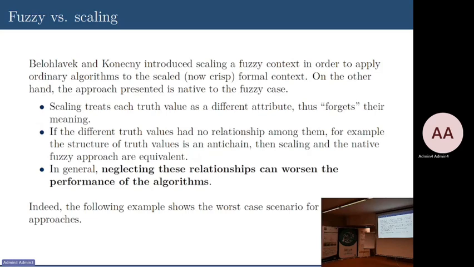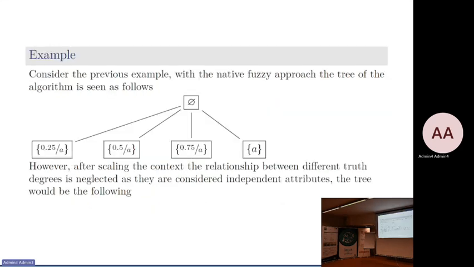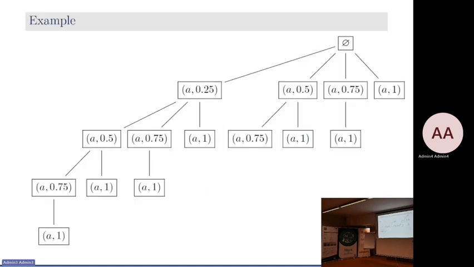Instead of having a little search tree like this one, where we start from nothing and check the possible truth values, if we consider them as independent attributes we would have a search tree like this, because you have to check each one as an independent one. There's no relation amongst them. So you need to check all this subtree, this subtree, and this subtree. So the computation is heavily burdened when we lose these semantics.